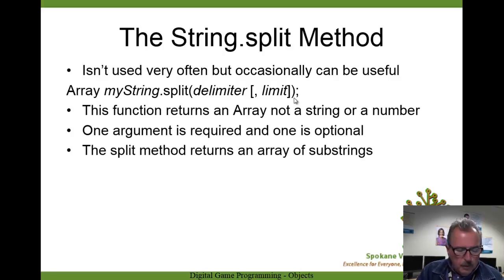The function works like this. First of all, the split method returns an array of substrings. It creates the substrings by breaking up the string object based on some character it uses as a breakpoint or delimiter. The second argument, limit, is used to limit the number of substrings that are extracted and placed into the array.